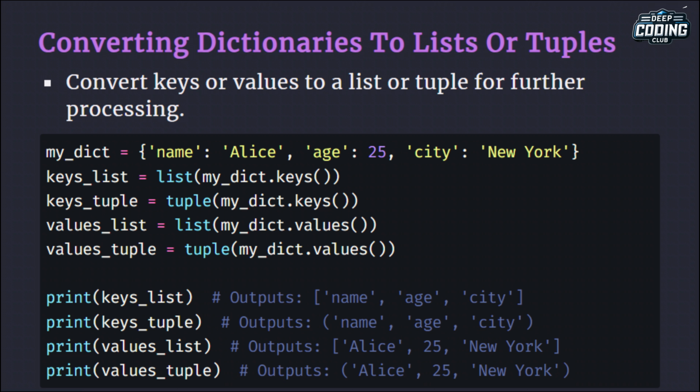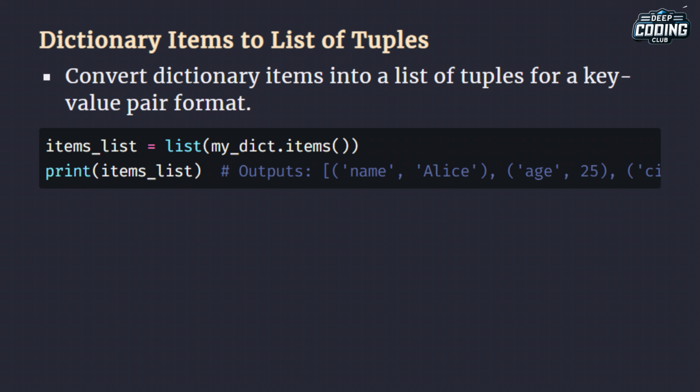And if you print the output, then you can see very clearly that in the first case, it is a list of Alice, 25 and New York, meaning all of them are values. And then in the second case, you can see that it's a tuple because it's starting from round brackets, not from square brackets. And then this is another interesting way. If you want to convert your dictionary's items to a list of tuples, then you can also do it.